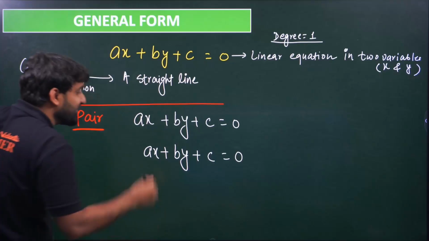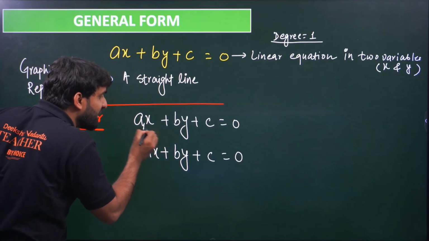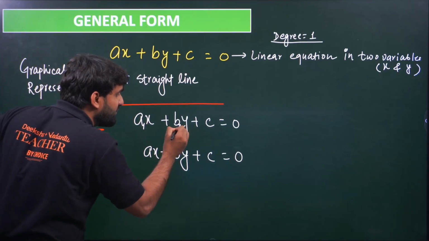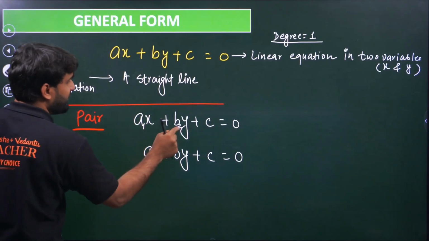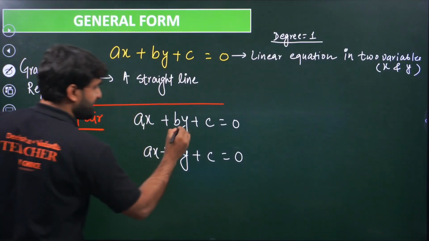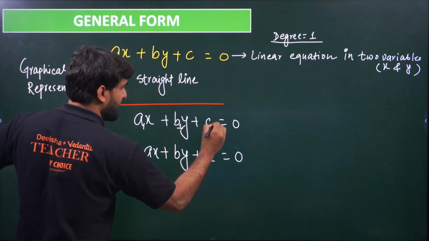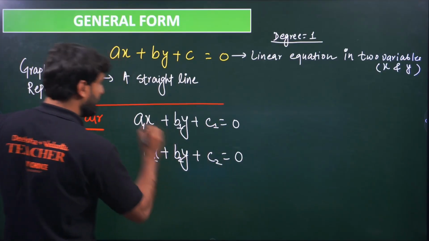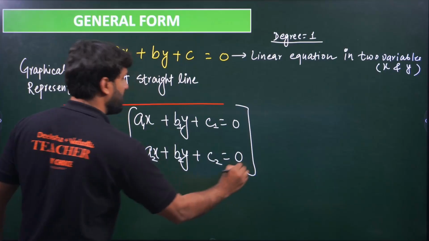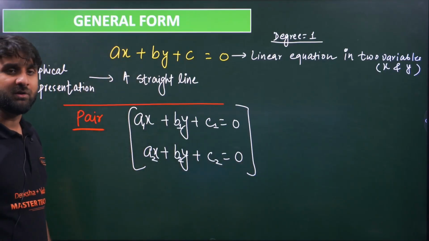Let me give you the difference. The difference will be in the coefficients, and I'm calling the constant values 1, 1, 1, the constants of the first equation, and these are 2, 2 and 2. So this is the general form of a linear equation in two variables.